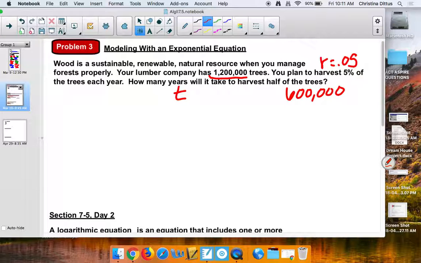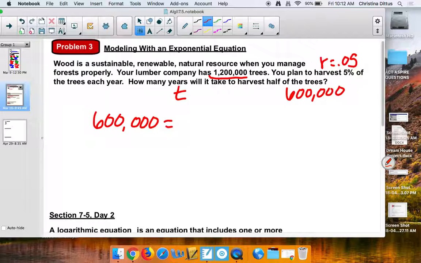What kind of function am I looking at? The growth and decay one, yeah. Not your PERT one. PERT is only dealing with money compounding continuously. Okay? So if I want in so many years 600,000, where's that going? Is that my initial amount or the amount I want over time? Over time. So I'm going to put this over here on its own side.